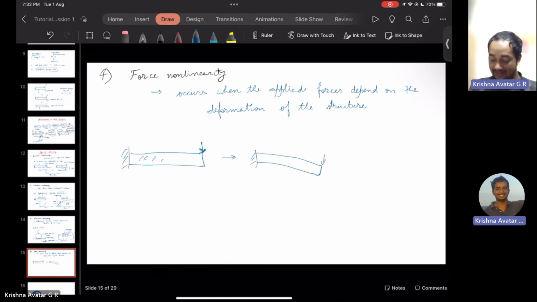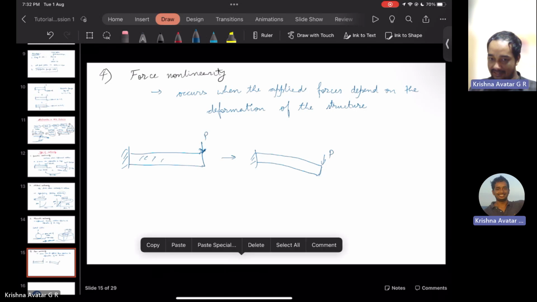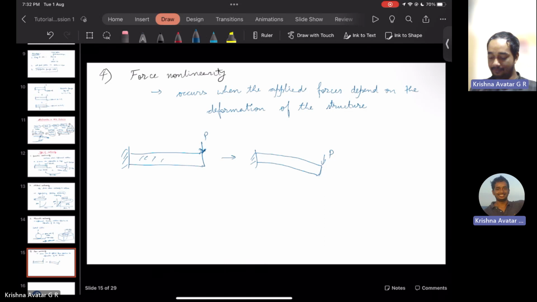So you see that after deformation, even P changes its direction. This is also called a follower load. The follower load makes the system non-conservative in nature. This is also tough to solve because the force boundary conditions also depend on the structural deformation.